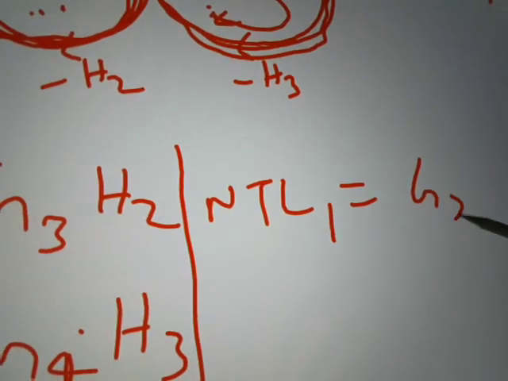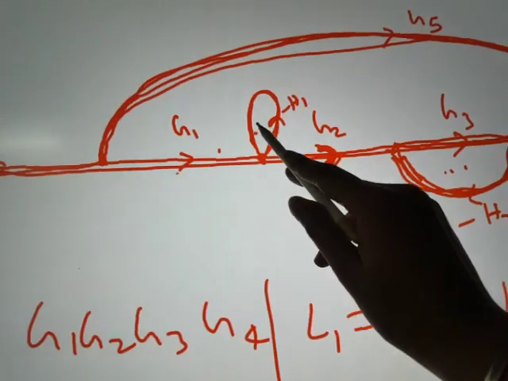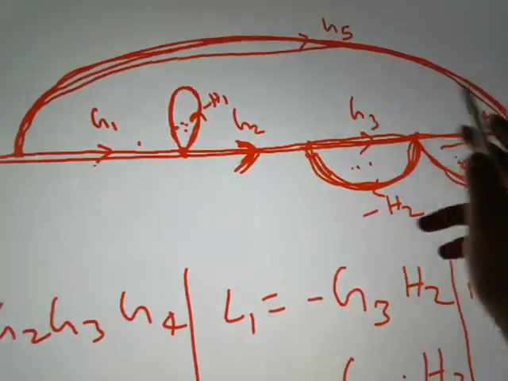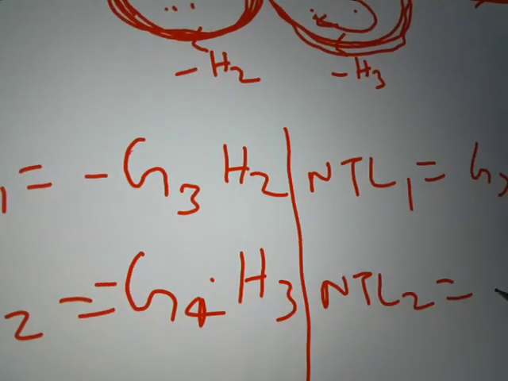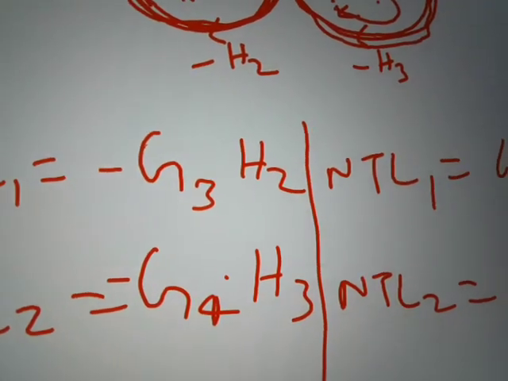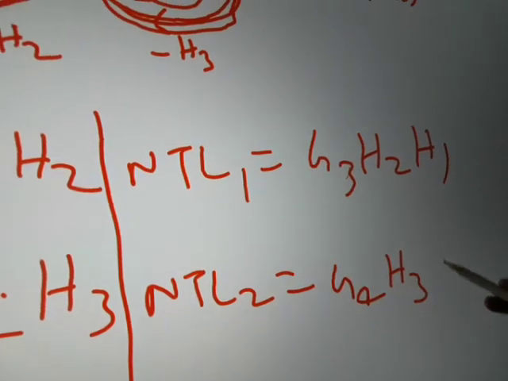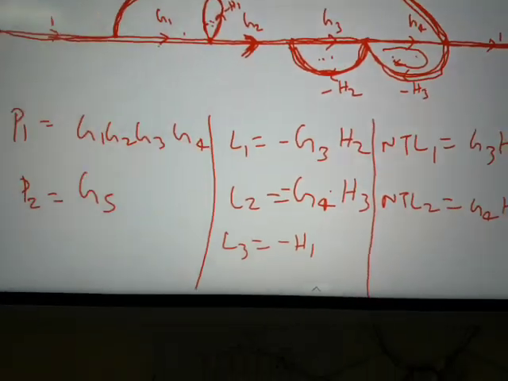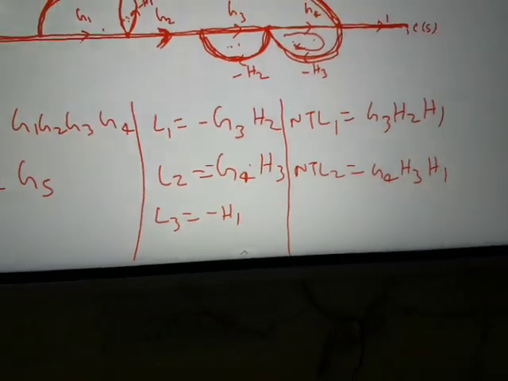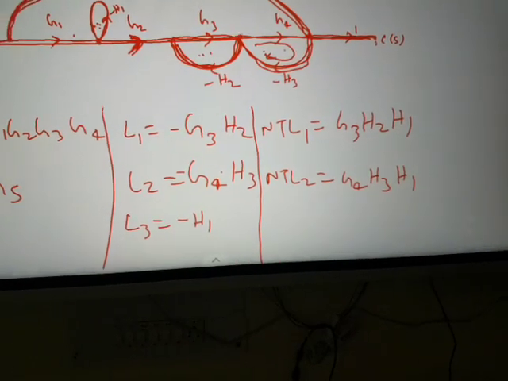Another pair, this loop and this loop, is also non-touching, so NTL2 will be G4 H3 H1. So this is my forward path gain, individual loop gains and two non-touching loop gains.